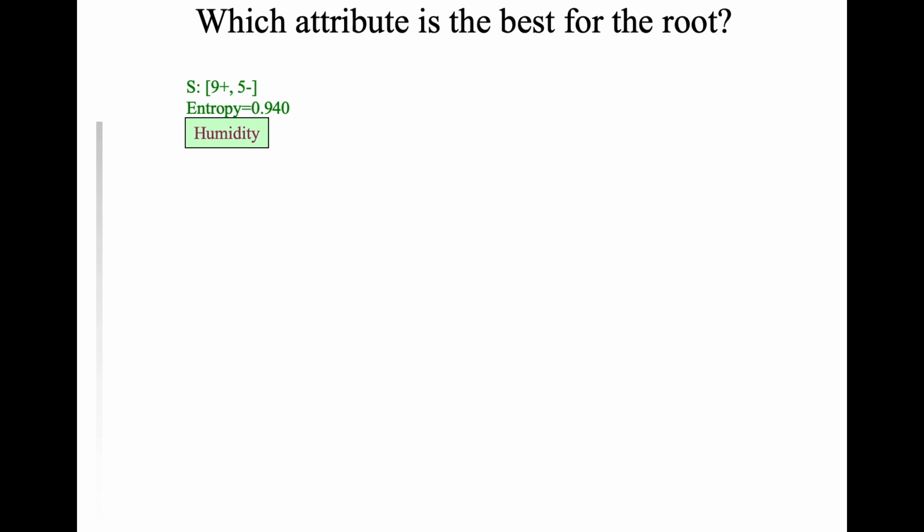So these are your candidate features. You can start your tree with any of these features, to predict whether you want to play tennis or not.